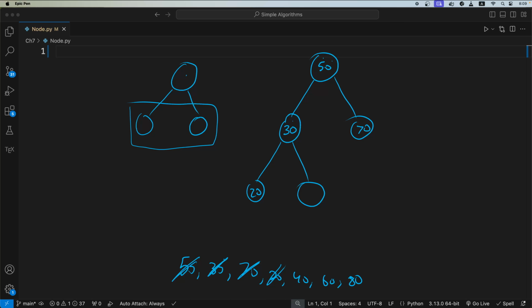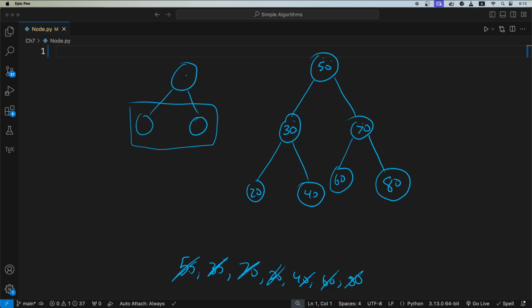Additionally, 40 is smaller than 50, but it's bigger than 30, which means that it goes to the right of 30. 60 is bigger than 50, but smaller than 70, so it goes to the left-hand side. 80 is bigger than 50, and it's bigger than 70, which means that it goes to the right-hand side.